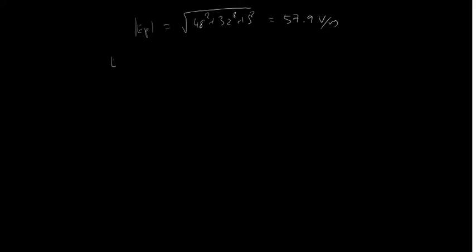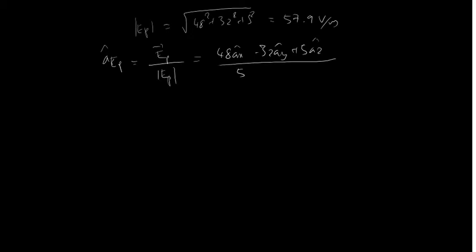Direction of E is nothing but unit vector along the direction of EP. So that will be vector EP divided by mod EP. So that will be 48 AX minus 32 AY plus 5 AZ divided by 57.9, the magnitude.